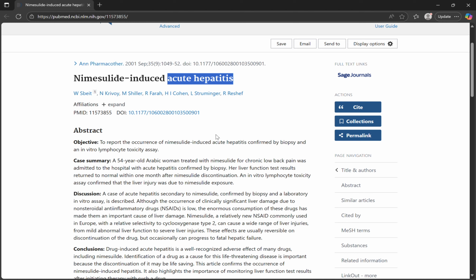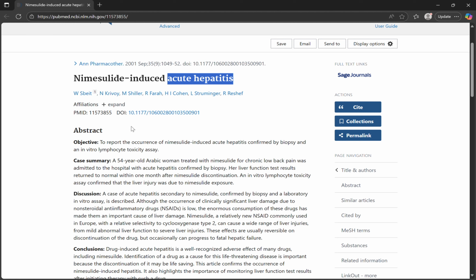The other thing that is mentioned here is the DOI, which is the digital object identifier. A digital object identifier is a unique identifier which is basically assigned to digital content such as journal articles, books, etc., which provides a permanent web address for that content.